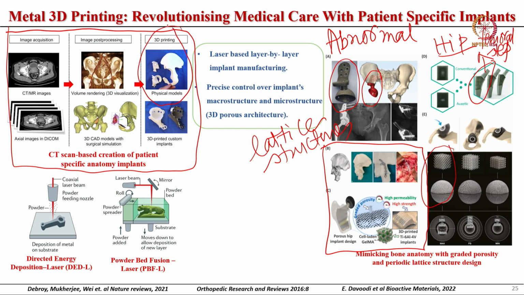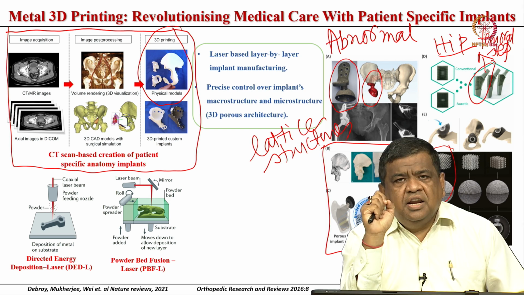Now, if this 3D printed physical model meets the property and performance requirements according to the clinical regulatory authority standards, and if it is tested in certain performance limiting conditions, for example, hip simulator testing or knee simulator testing, and if it is approved, then only orthopedic surgeons are authorized to use the 3D printed components or structures in patients during clinical surgery.